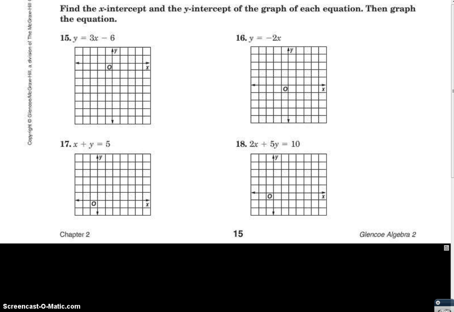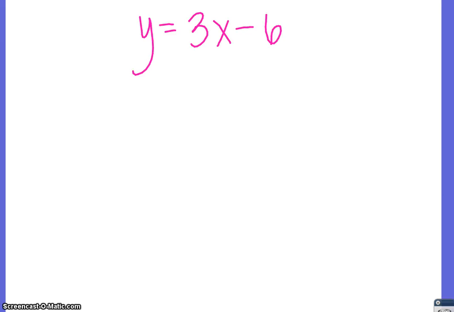The last section that I have is asking me to find the x-intercept and the y-intercept of the graph of each equation, and then it wants me to graph the equation. So let's take number 15 for example. So I have y equals 3x minus 6. Now remember, when I'm looking for an x and a y-intercept, again, on that same packet of notes, I told you that we should plug in a 0 for x to get my y-intercept and a 0 for y to get my x-intercept.